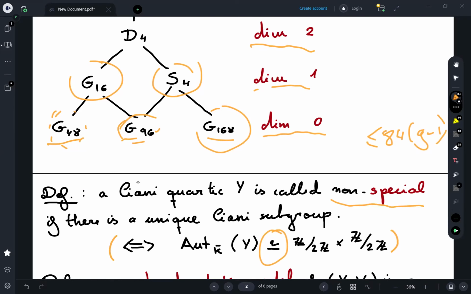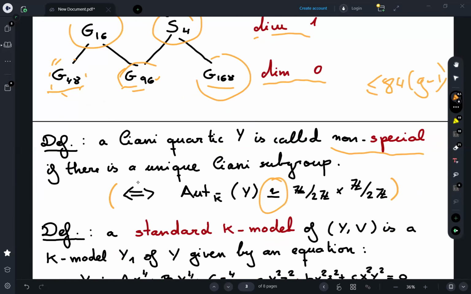So we'll assume the curve to be non-special. And in this way, we can forget about the subgroup because it's uniquely determined. If you want to study a Ciani quartic with a larger automorphism group, then you have to be fixing all the time which one is the Ciani subgroup.